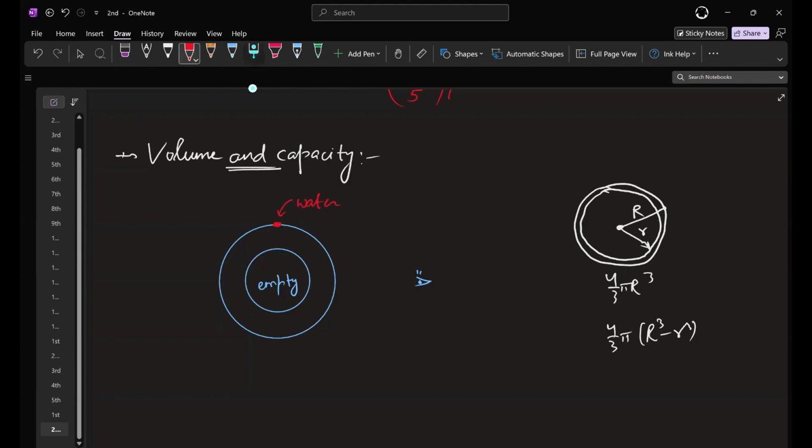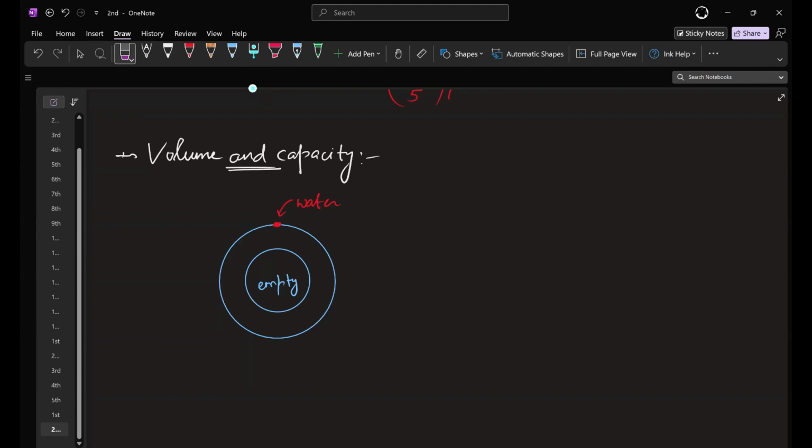But the hole is not present on the surface of this inside sphere. Then the capacity of the container would be what? This much only, right? So capacity totally depends upon the volume that can be filled with anything, the amount of any substance that the figure can hold. That totally depends upon the figure's geometry.